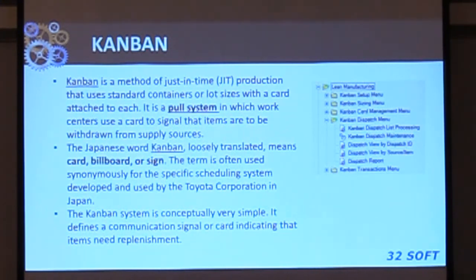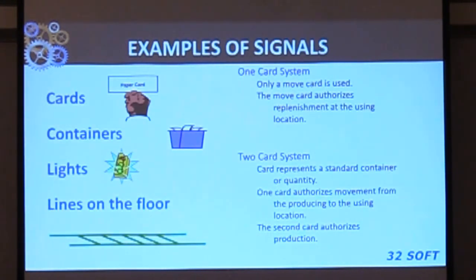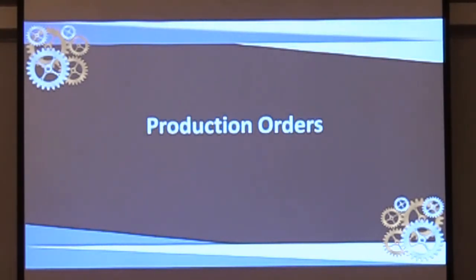There's a whole huge Kanban module, lean manufacturing module out there that's available, and was based on the Toyota production system, TPS. And it basically uses cards, because Kanban in Japanese means a signal. So you can have cards, containers, lights, lines on the floor, lots of different ways that you can do that. One card, two card system, you can do that.